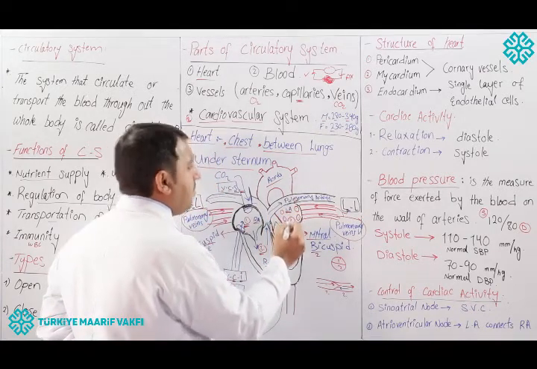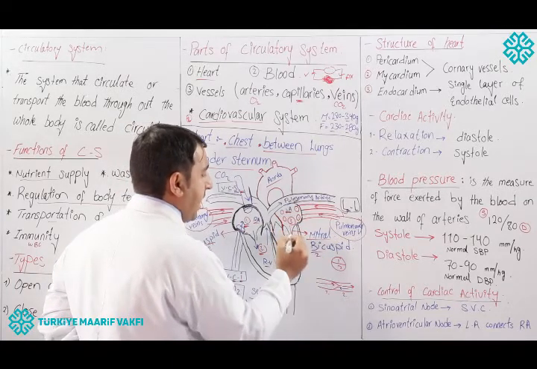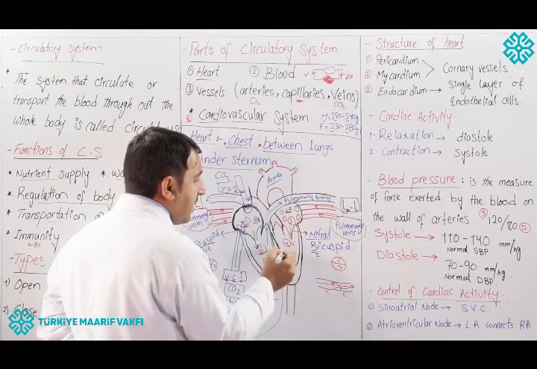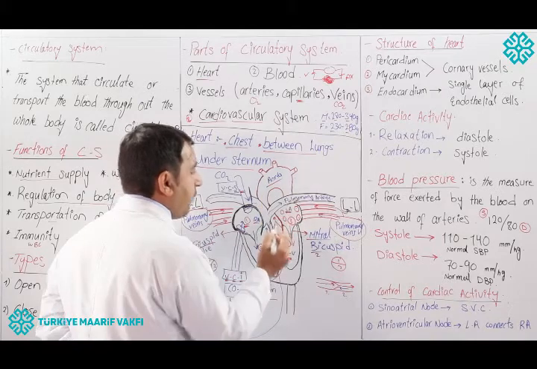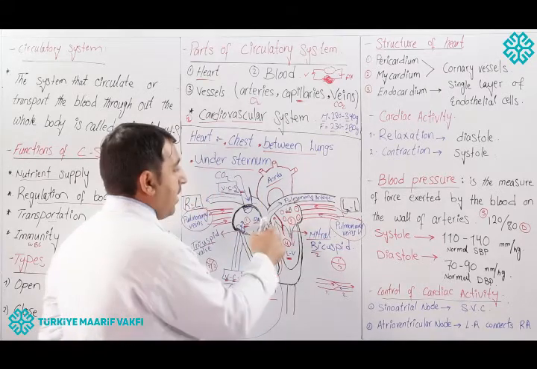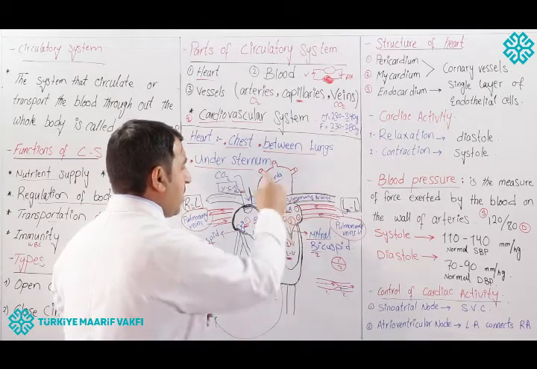From the atrium, the blood passes the mitral or bicuspid valve. After that, the blood is going to the aorta. It is entering the aorta. We have a structure or valve in this vessel or artery.